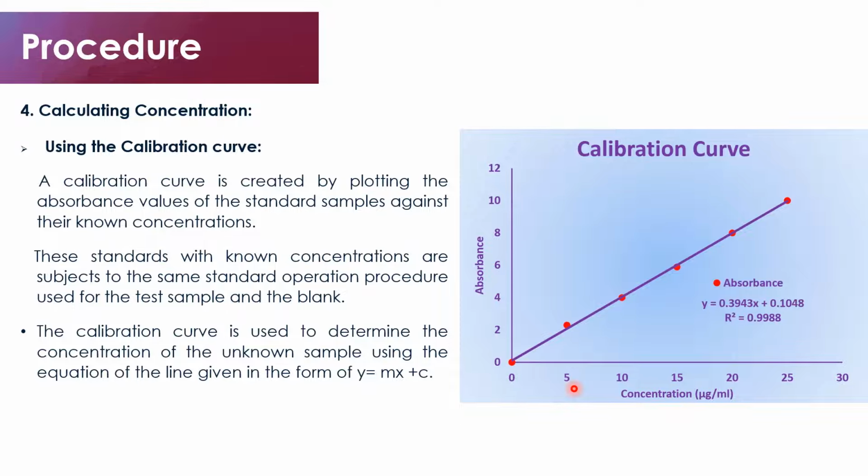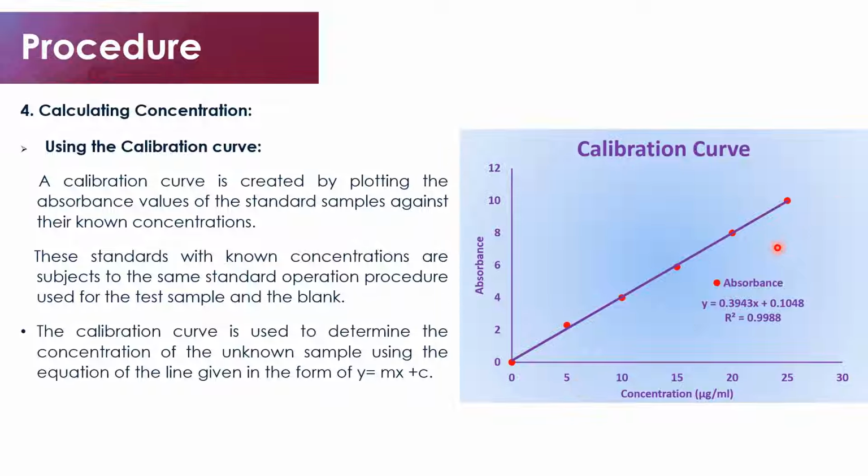One key thing that we also have to note is that these standards with the known concentrations are subject to the same standard operating procedures used for the test sample and the blank before plotting. The calibration curve is used to determine the concentration of the unknown sample by using the equation of the line, which is given in the form y = mx + c.